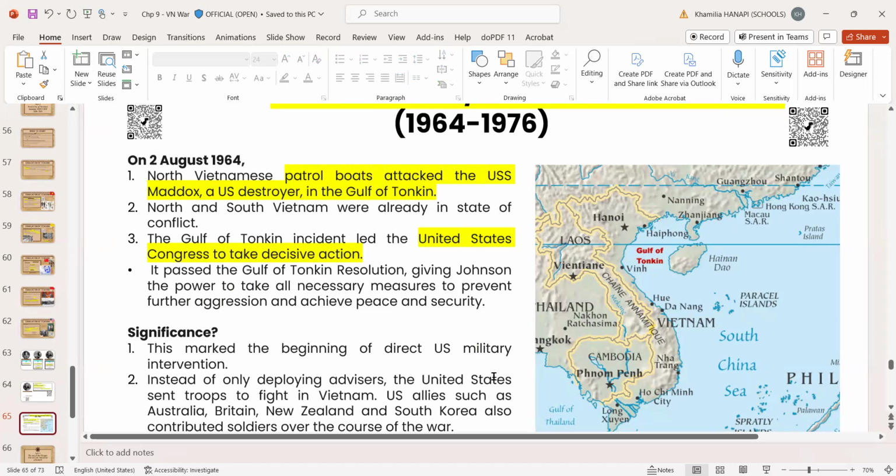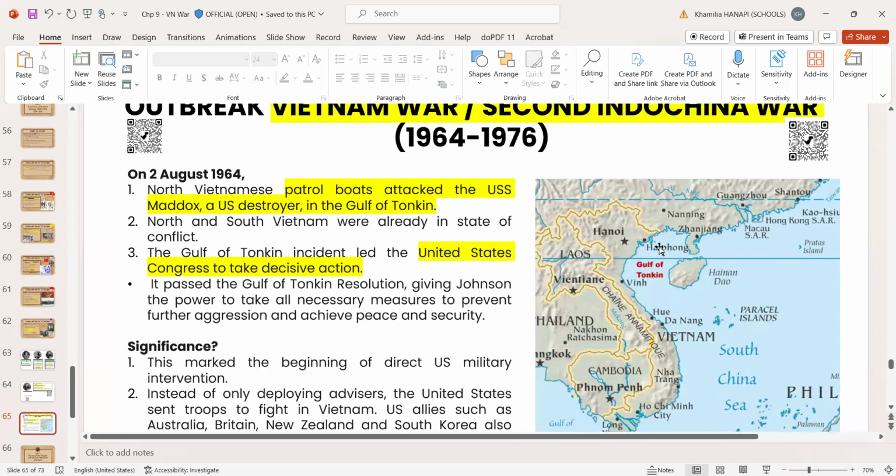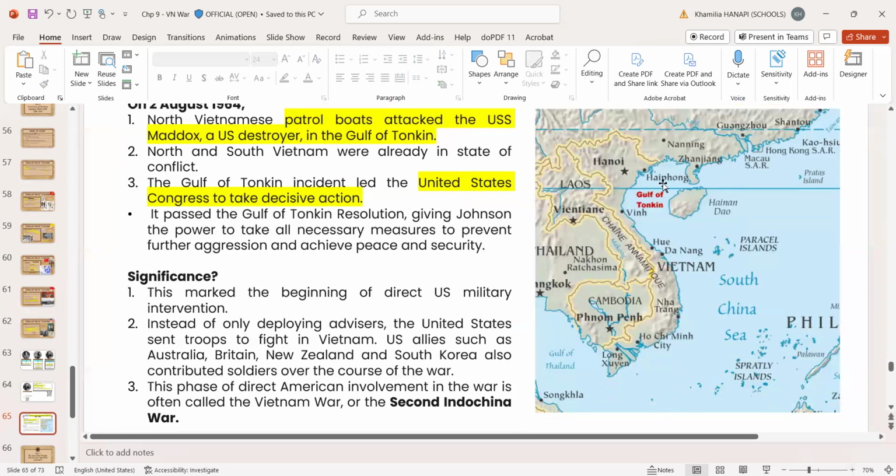So what was the significance of it? Because America was being attacked by apparently the North Vietnamese boats, even though technically America was in the North Vietnamese border waters, they were being attacked. So because they were being attacked, the USA retaliated.